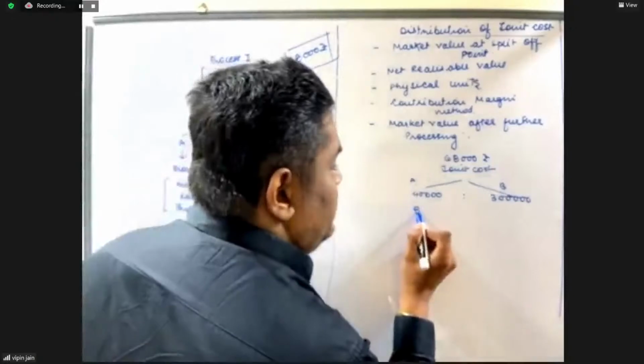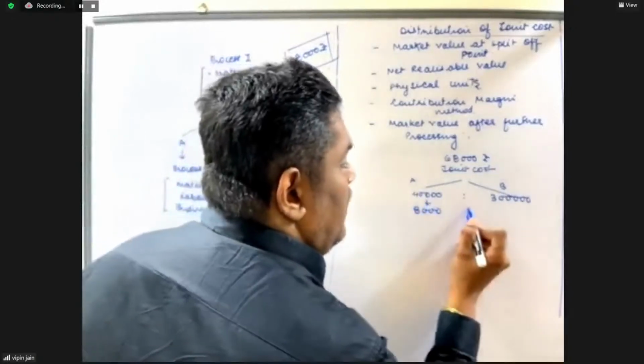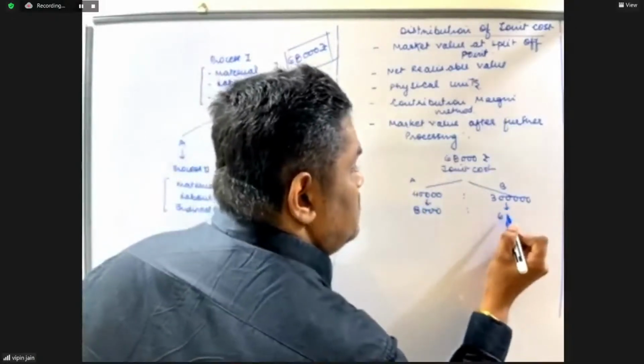So this will be 8,000 and this will be 16.